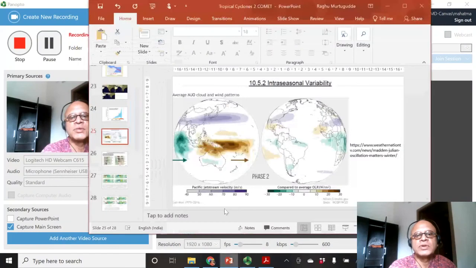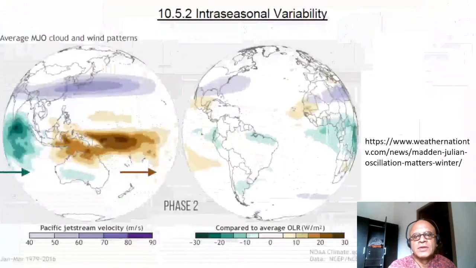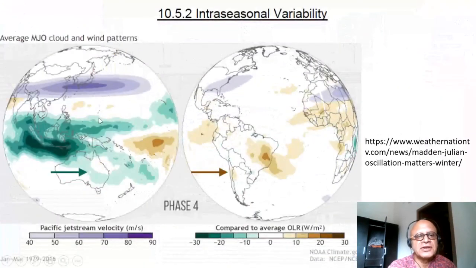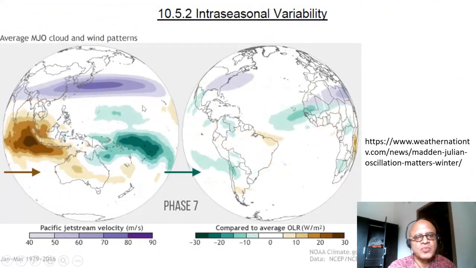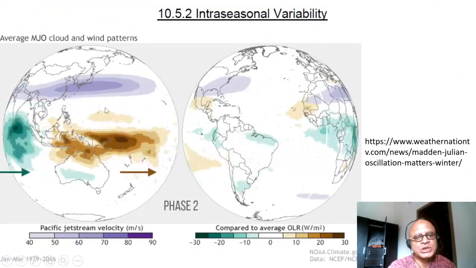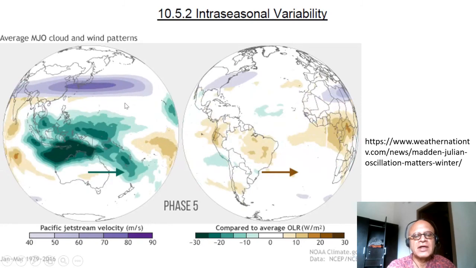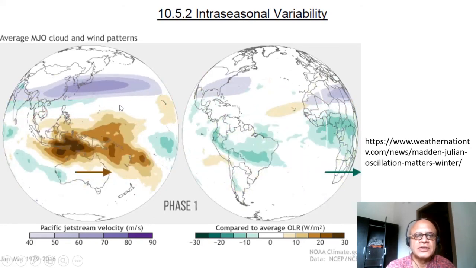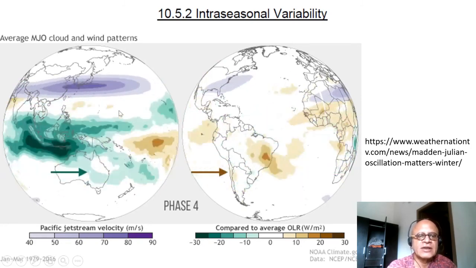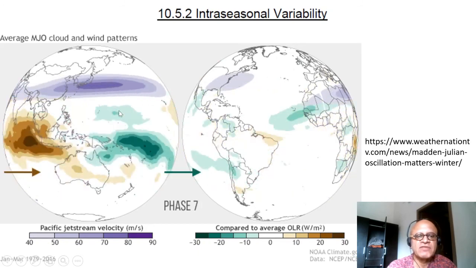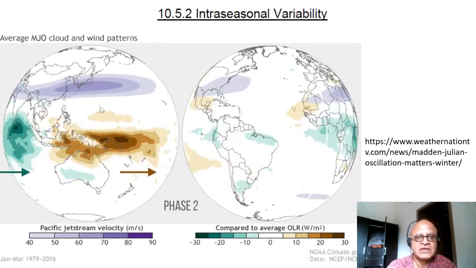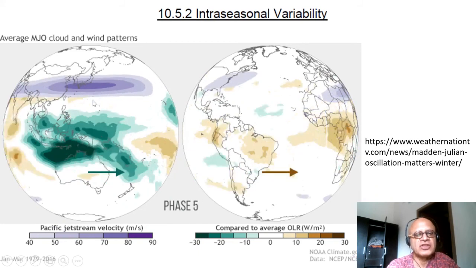By the way, I should mention that the jet here and the relation with the MJO produces barotropic shear and can, as we know, pull down energy that also can be favorable for cyclogenesis. That's why I had shown this and I forgot to mention it.